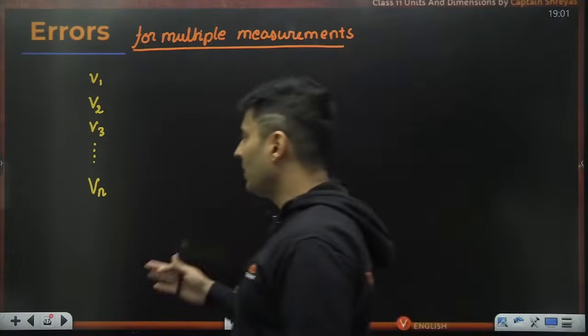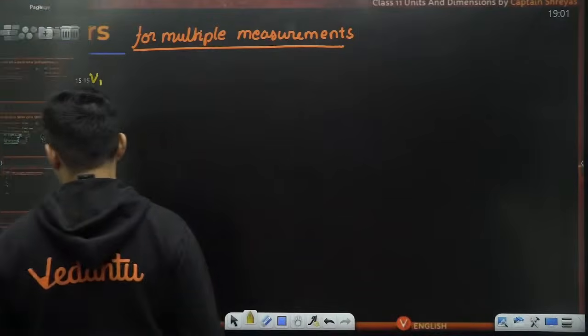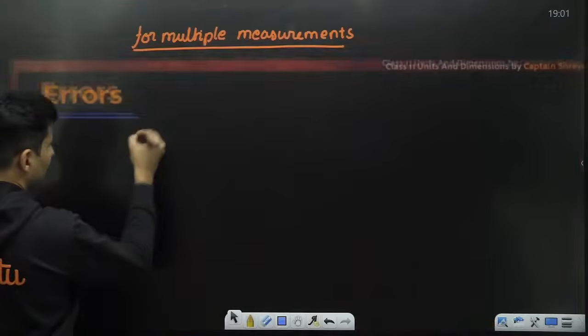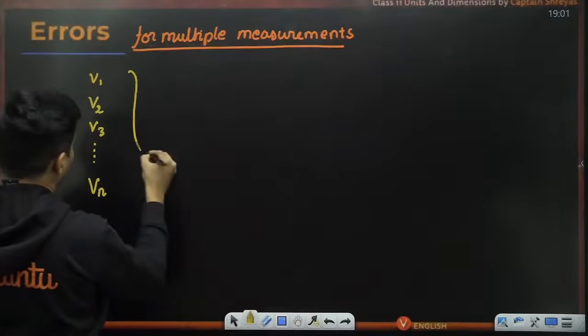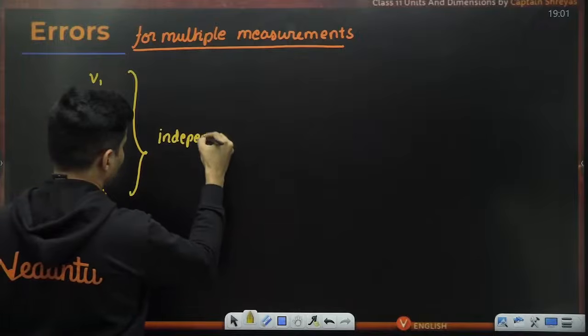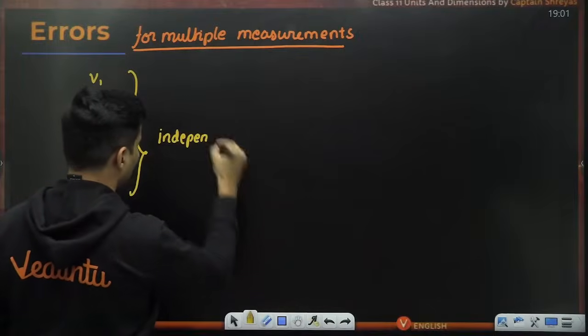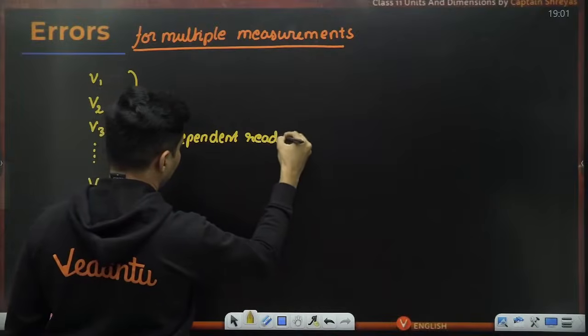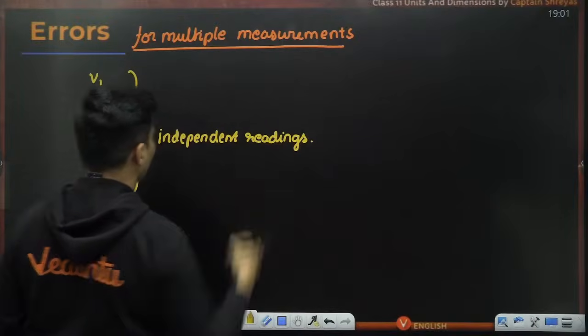So that is why we end up taking the averages, or the means. So basically over here, all these are independent readings or measurements, independent readings which are being measured.